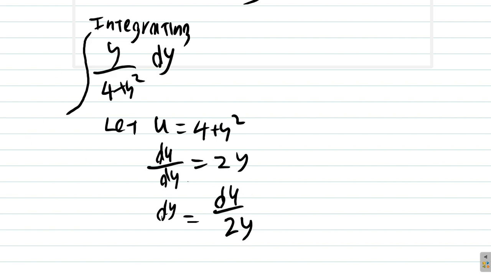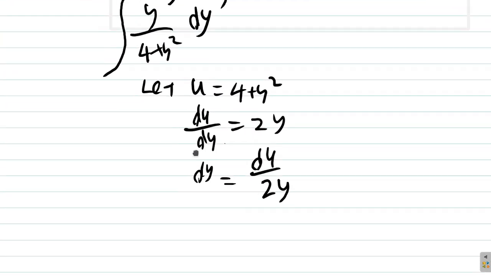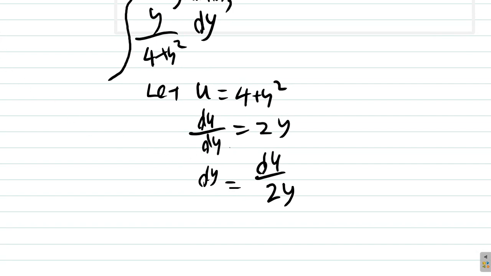So substitute it here. What we have is the integral of y over 4 plus y squared, which is u, over u, and du by 2y, which is dy, right? But y cancels y. So you have this over 2.